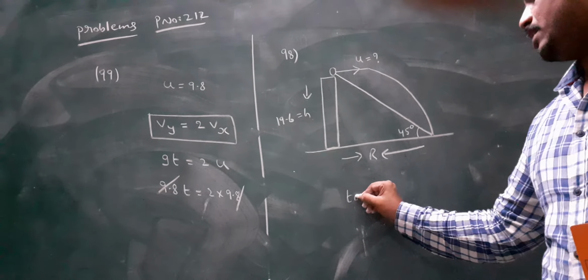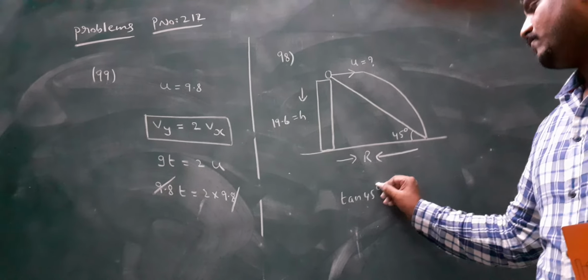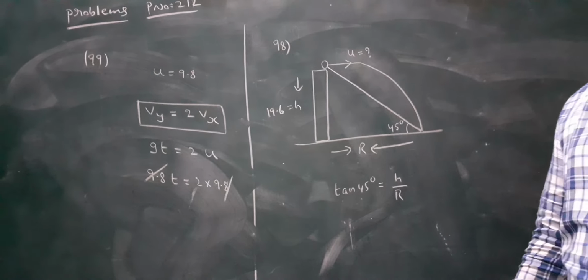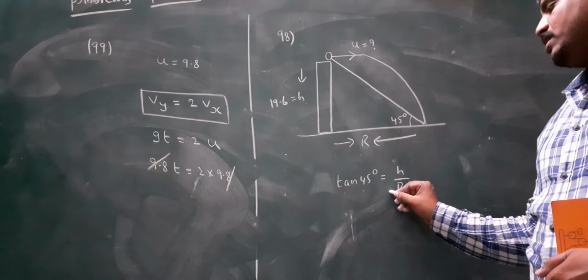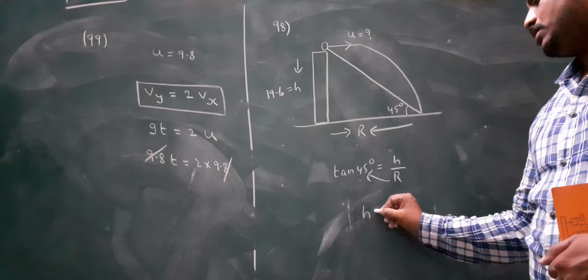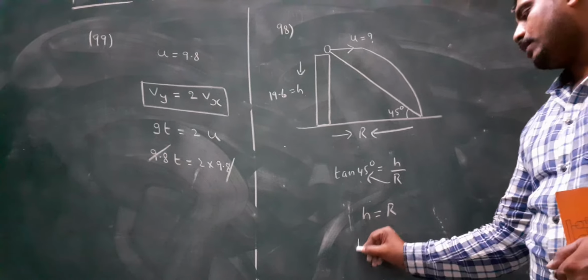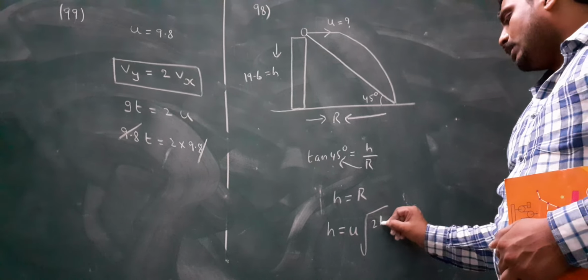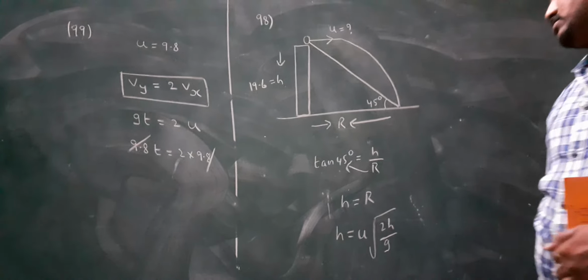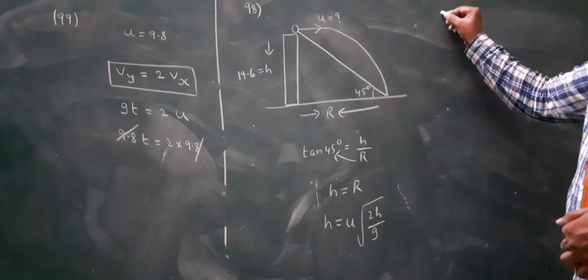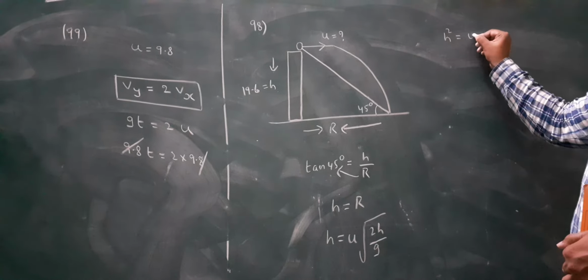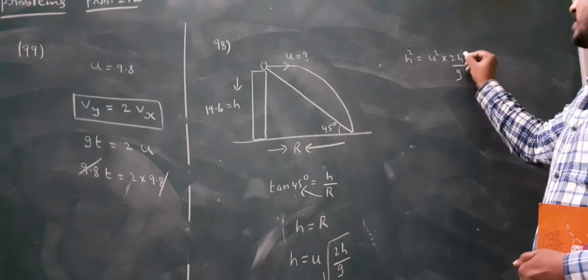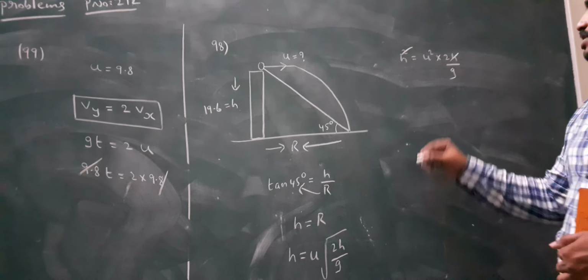What is tan 45? Tan 45 equals opposite side by adjacent side. In mathematics, tan 45 value is 1. Simply h equals r. What is the formula for range? U into under root 2h by g. Squaring on both sides, simply h square equals u square into 2h by g. h cancels.